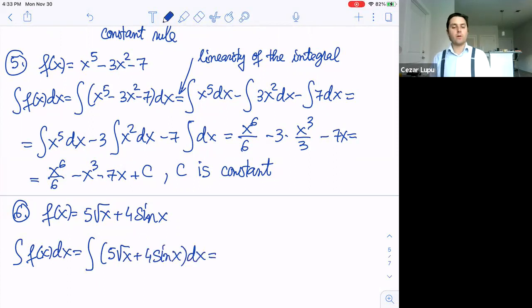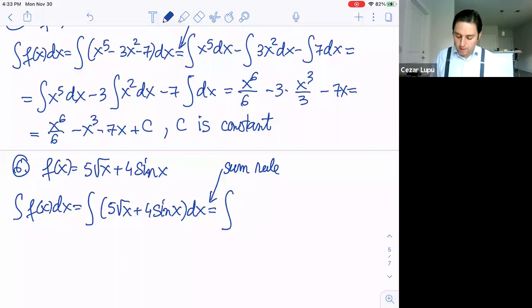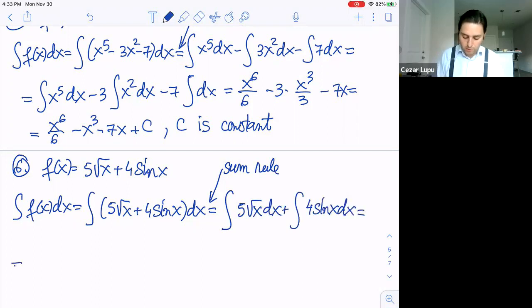Now we're going to use the sum rule. This is the integral of 5 square root of x dx plus the integral of 4 sine of x dx. We take the constants out, so this is 5 times the integral of square root of x dx plus 4 times the integral of sine of x dx.